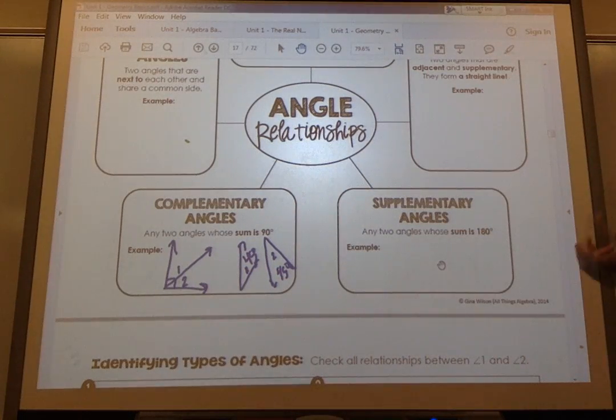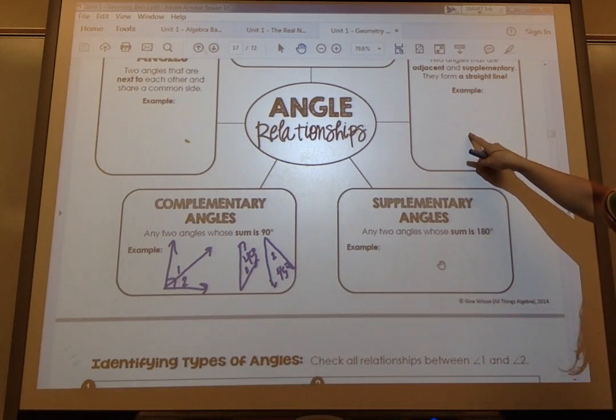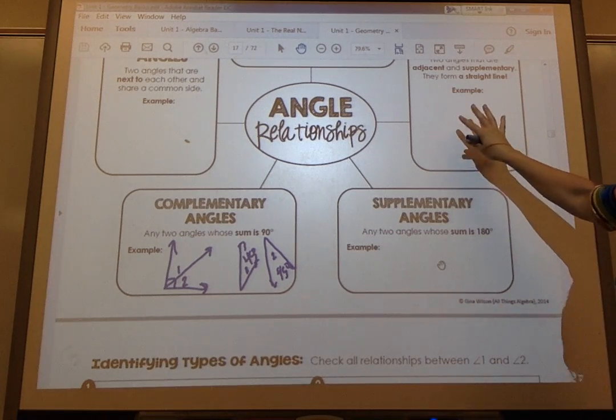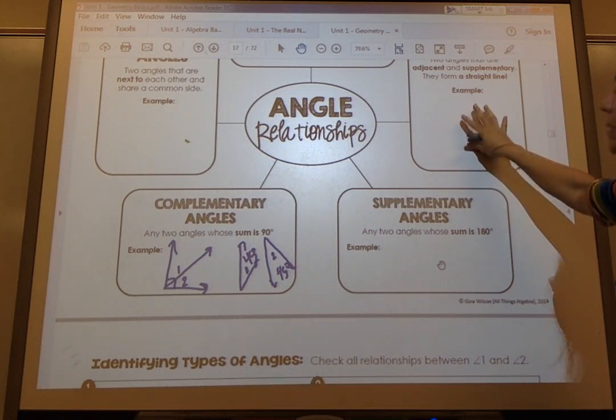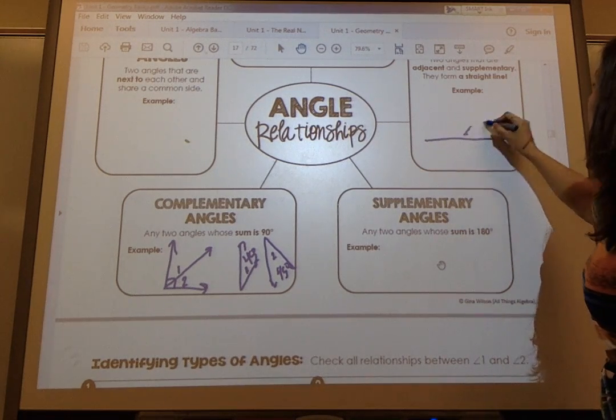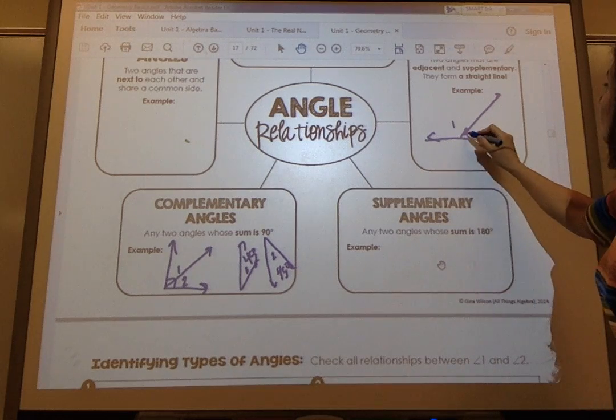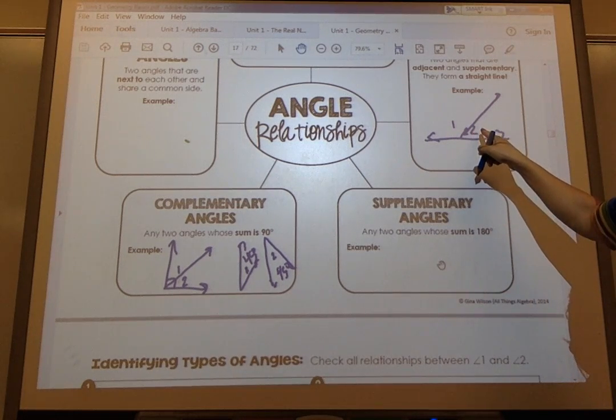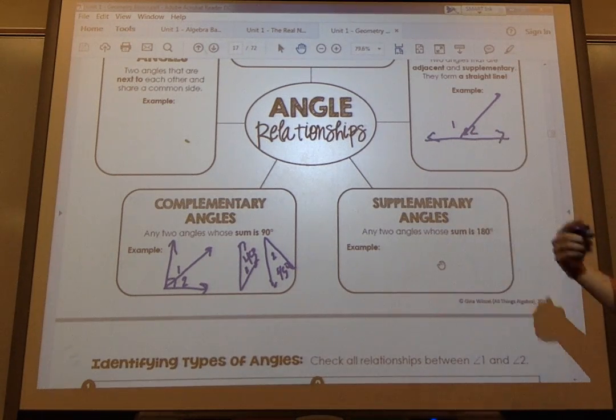Supplementary angles are 2 angles whose sum is 180 degrees. So when you look back up here at that linear pair, linear pairs will always be supplementary angles because a line is 180 degrees, and 180 degrees means they're supplementary angles.